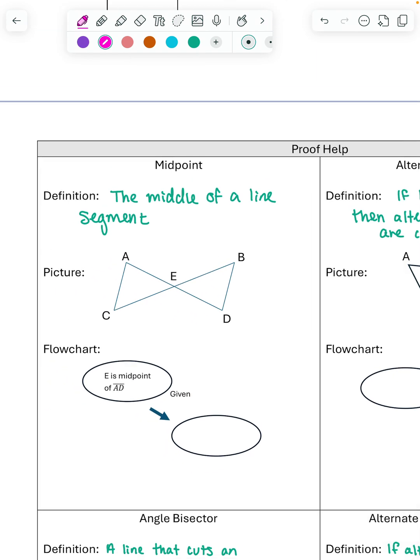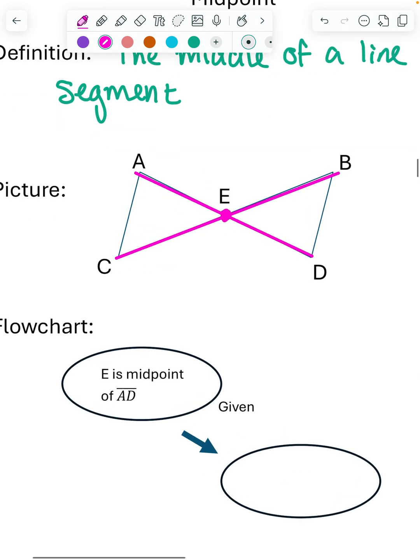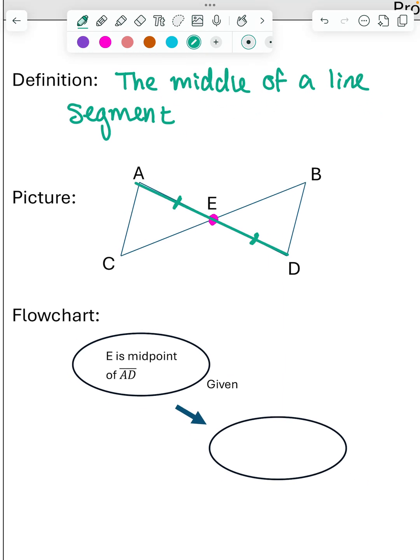The midpoint is just the middle of a line segment. So here, E is the midpoint of the segment AD. It is also the midpoint of segment CB. So in terms of having a flow chart, if we were given that E was the midpoint of AD, this tells us that the first section, AE, is congruent to ED because the midpoint cuts it in half.